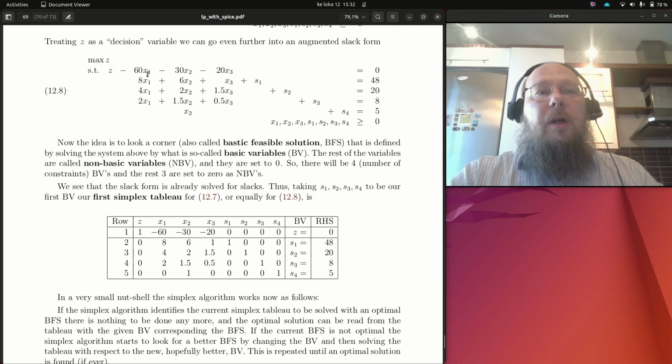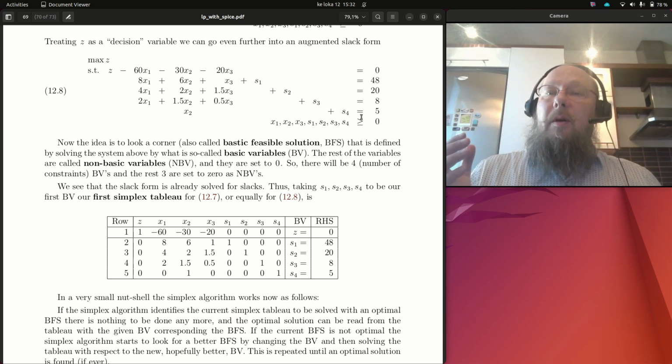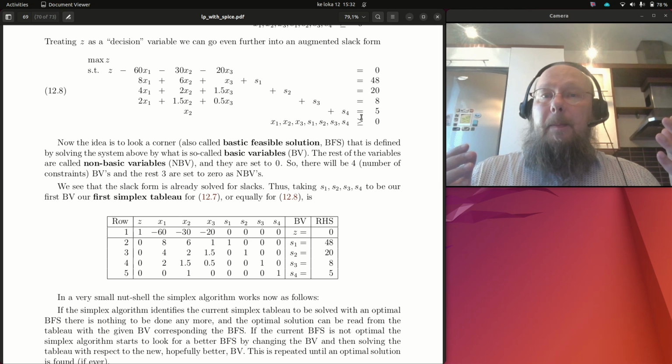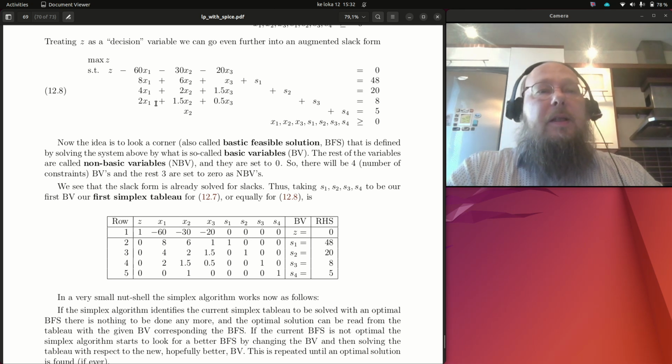These are zeros. I immediately read that z equals 0, S1 equals 48, S2 equals 20, S3 equals 8, and S4 equals 5. So I have found one corner of this problem. I found one solution immediately. So this table can be read so that I have the problem like this. I set the basic variables to be z, S1, S2, S3, and S4, and I read the solution here.